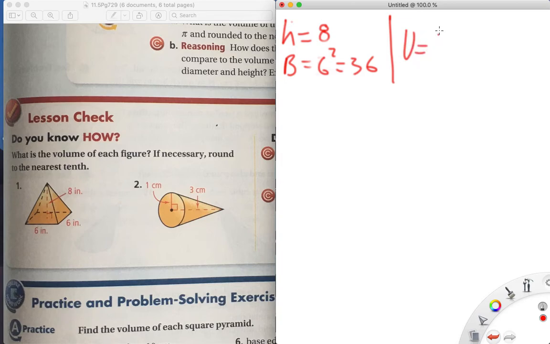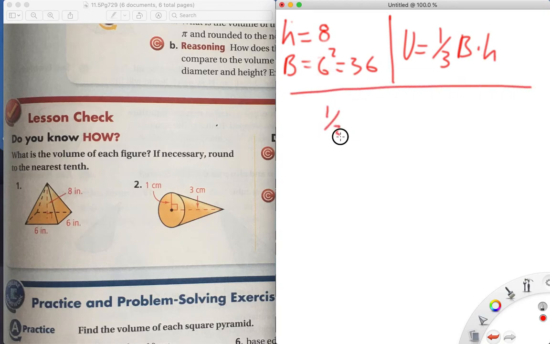Volume of a pyramid, 1/3 area of the base times the height. So it's going to be 1/3 times 36 times 8. And I get 96. That's going to be 96 inches cubed.